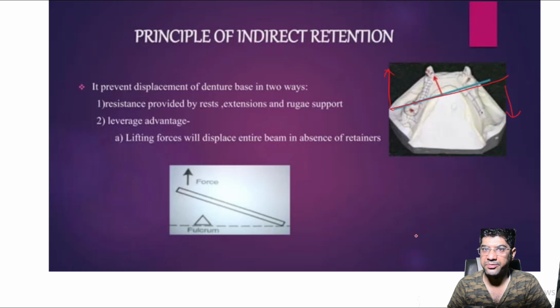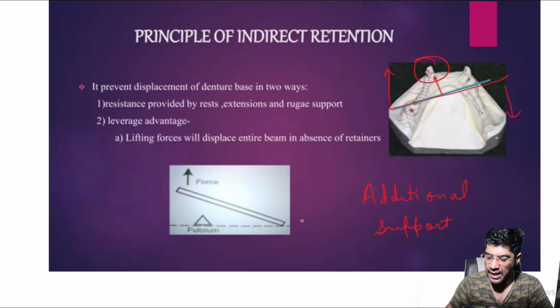But if you add another spot on the other end, the bar remains level. This principle is similar to how the indirect retainers work. The indirect retainers provide additional support away from the fulcrum line. This additional support will counteract the rotational forces around the fulcrum line, and hence it will stabilize the denture.